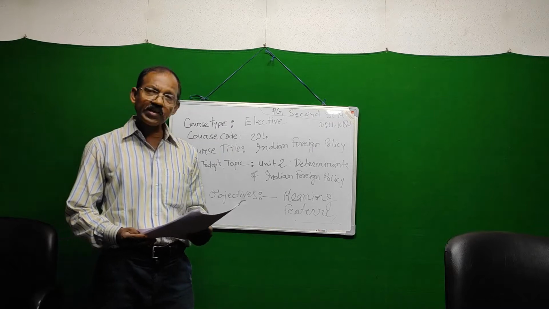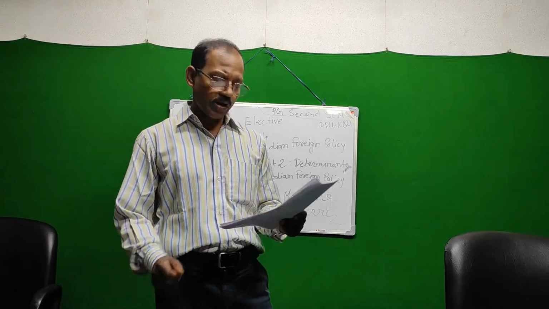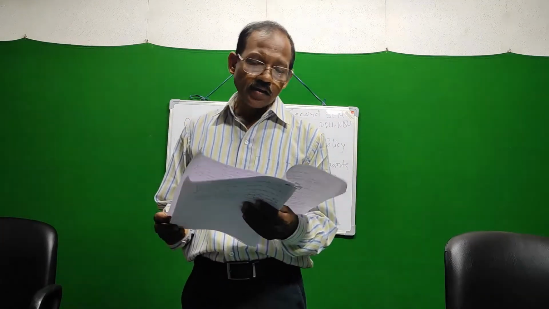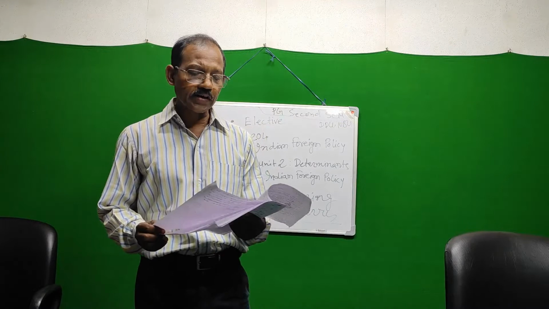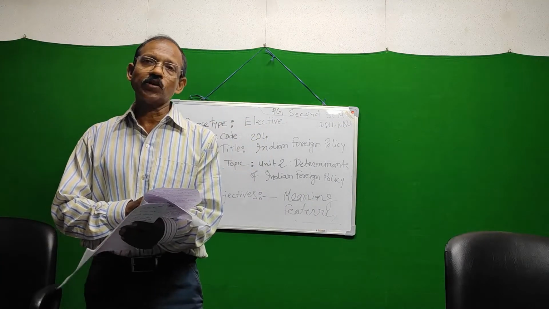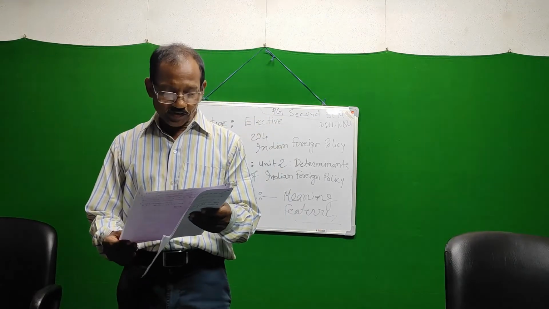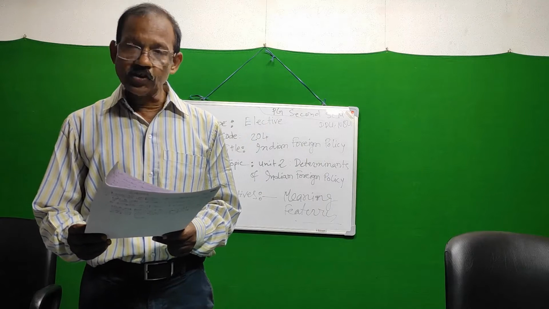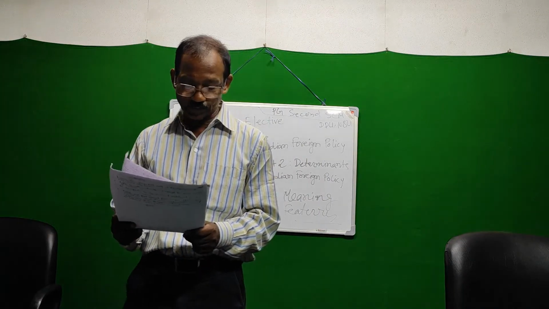First is the geographical factor. Second is history and cultural factors. Third is social or philosophical factors. Fourth is political factors. Today I will discuss only the domestic determinants of Indian foreign policy.